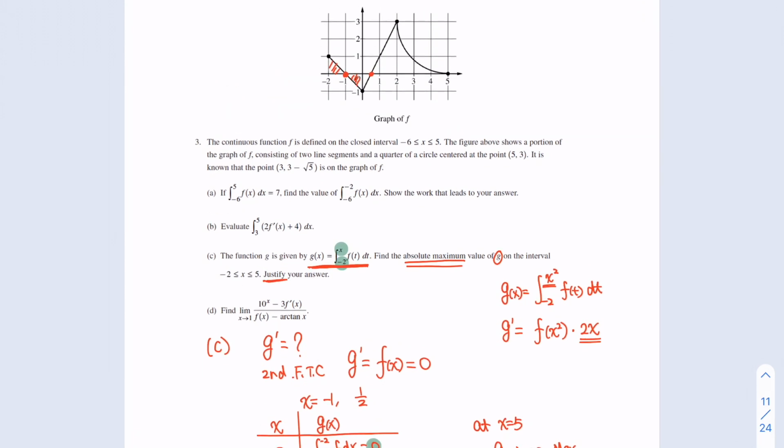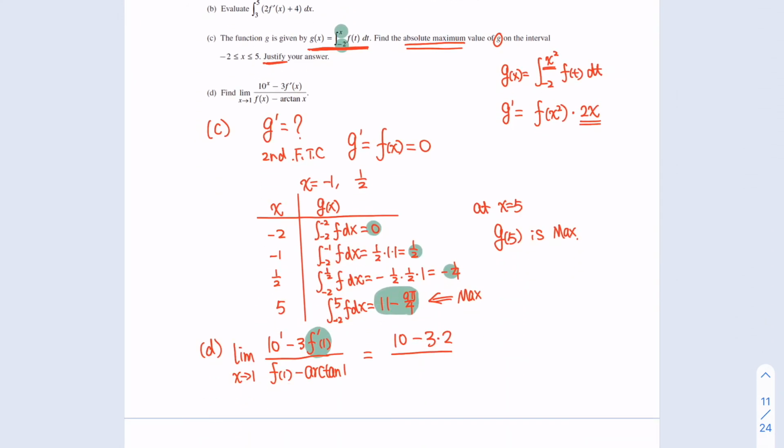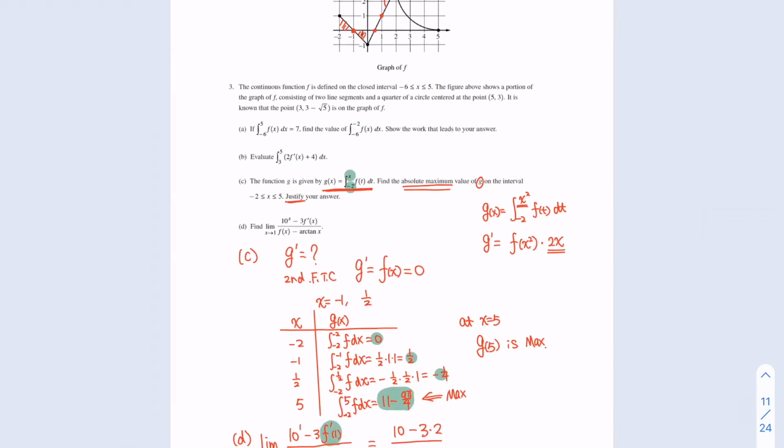The slope of the line is m equals rise over run. 4 over 2 equals 2. The slope equals 2. Divided by f(1), and f(1) equals 1. Arctangent of 1: tangent of what gives us 1? Pi over 4. This is our final answer here.